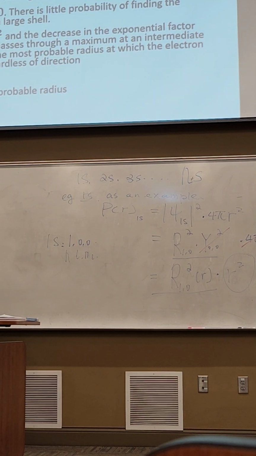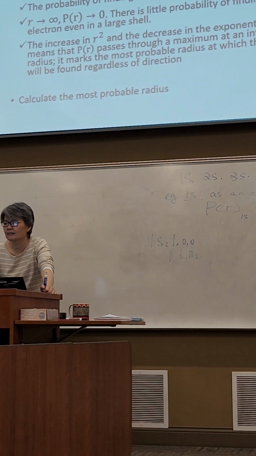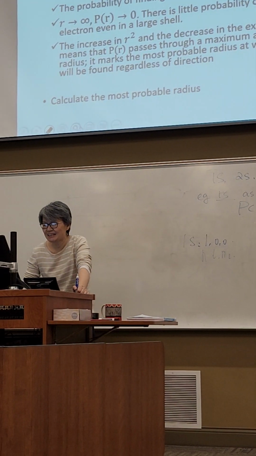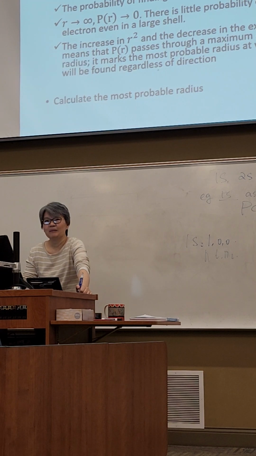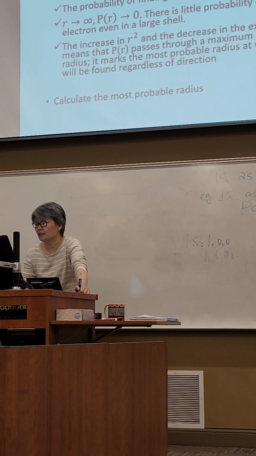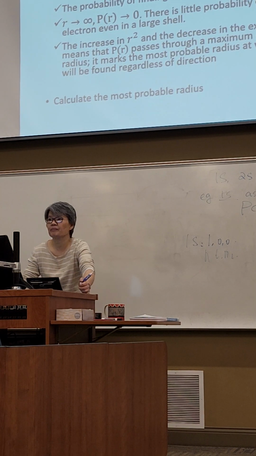Now, we have an expression. If r approaches infinity, you all love math, right? Like me. So if you have this mathematical equation right here, what you have are the terms related to r squared, and then you have the exponential decay.